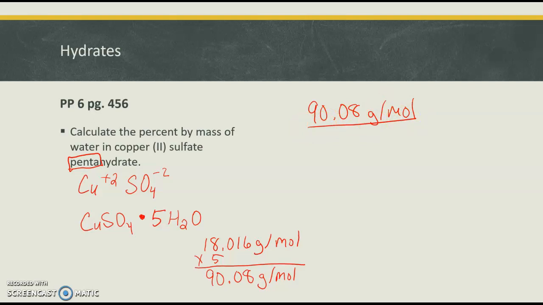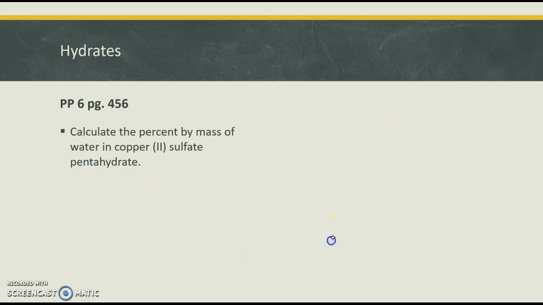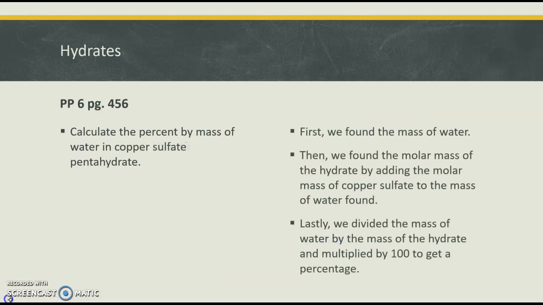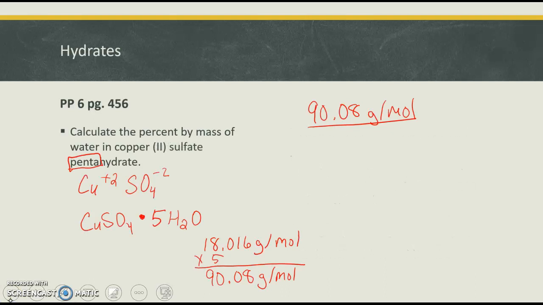Next, we have to identify our mass of copper sulfate. The molar mass of copper sulfate should be 159.62. This again is grams per mole.